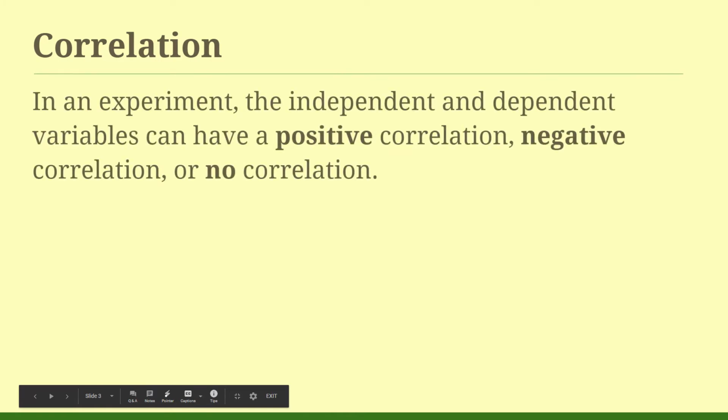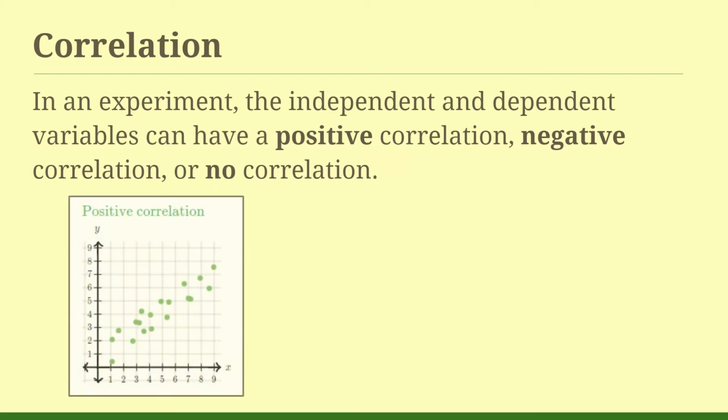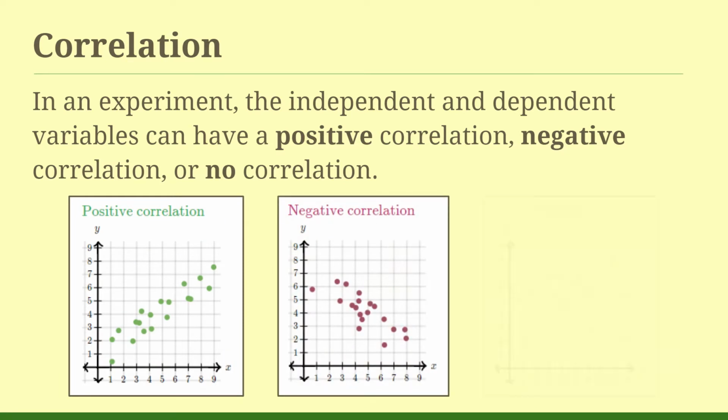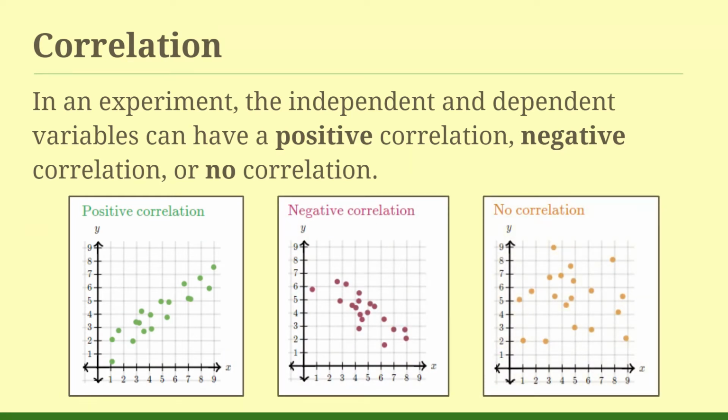In an experiment, the independent and dependent variables can have a positive correlation, a negative correlation, or no correlation. So this is what those 3 shapes would look like. A positive correlation shows that as the independent variable increases, so does the dependent. And so we see a positive slope.